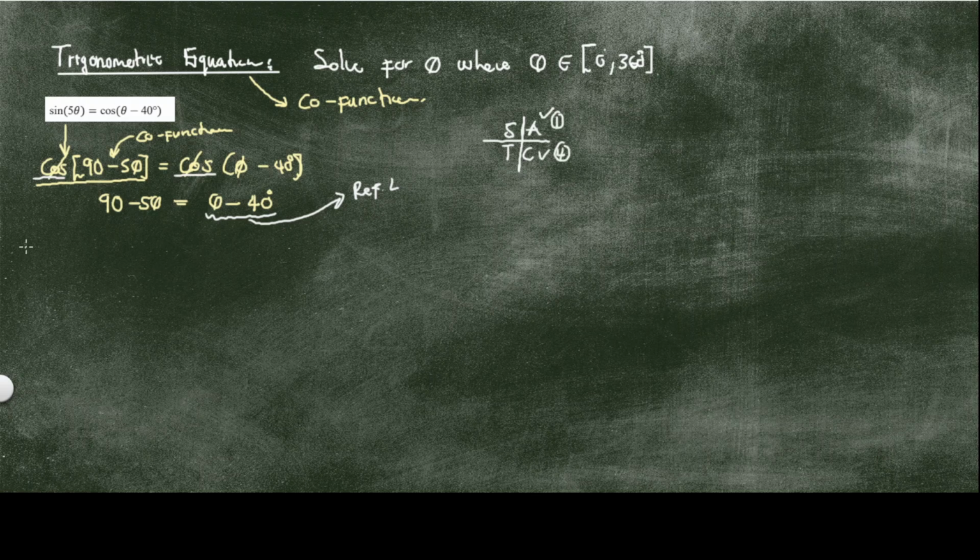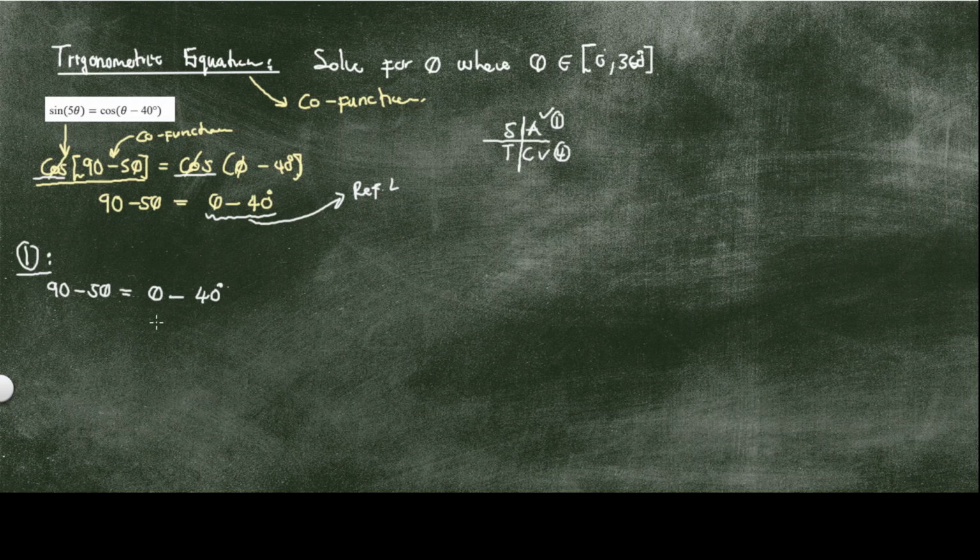So our first solution is in the first quadrant. In the first quadrant, we have 90 minus 5 theta equal to 0 degrees plus, no, not plus, minus 40 degrees. You take it the way it is. You don't add anything or subtract anything in the first quadrant.